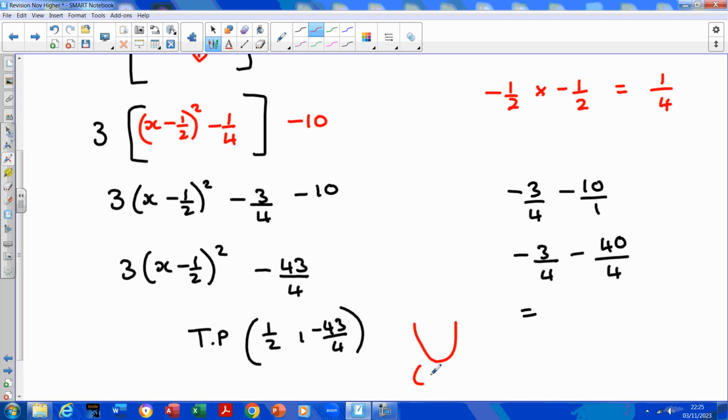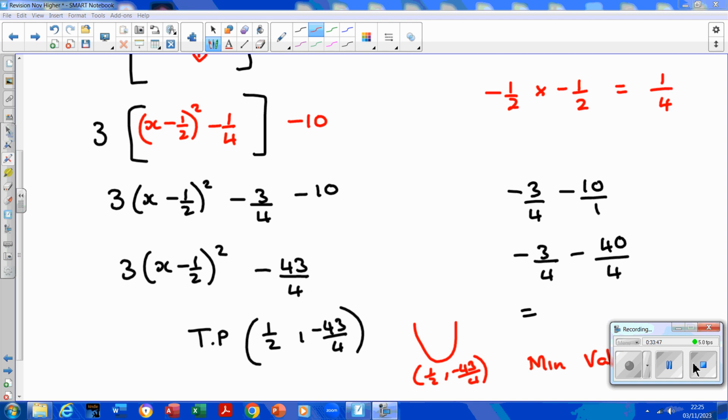That turning point there is at a half, minus 43 over 4. So the minimum value of that is just the y coordinate. So minimum value is equal to minus 43 over 4. So if you're asked a maximum or a minimum value, it's the y coordinate of your turning point. That's all that means.